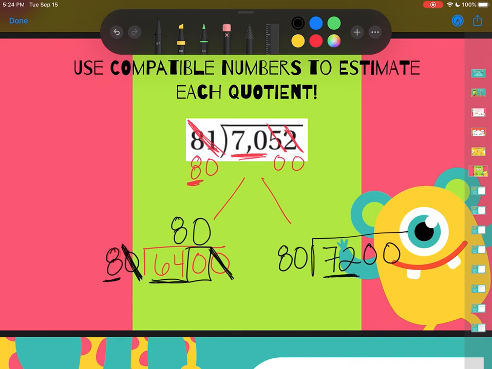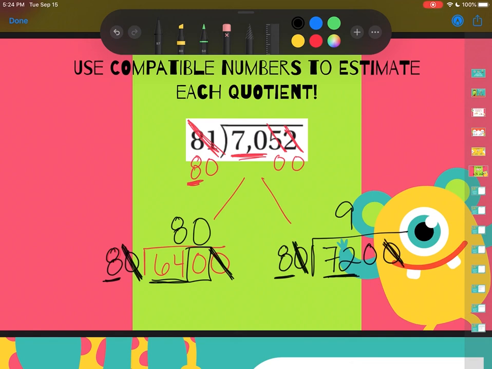So I'm going to pay attention to 72 and 8 and think about how many times 8 can go into 72. Well, 8 can go into 72 9 whole times. And now I can cross out any zeros that I'm able to. This 0 is going to cancel out this 0, right?